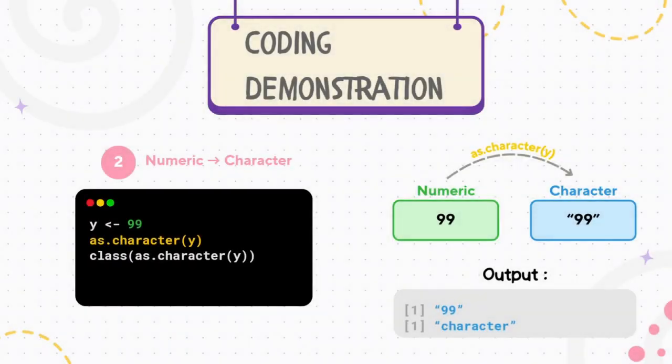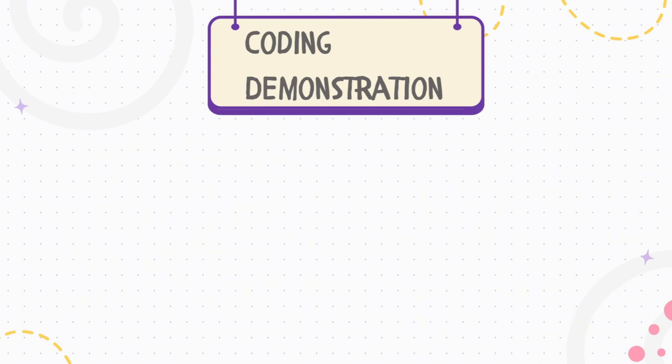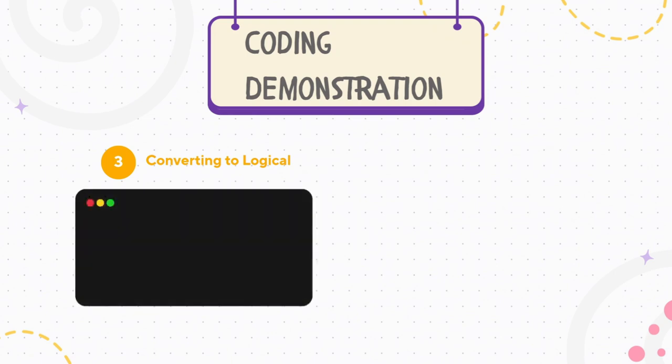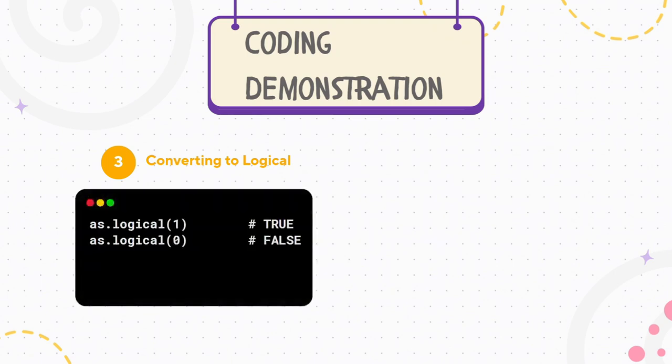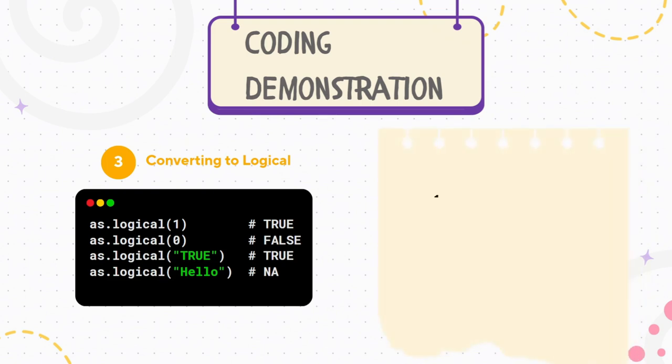And now finally, we arrive at our final conversion, that is converting into logical. And the function that we'll be using to convert values into logical data types is as.logical. Now as I said, logical conversion works a bit differently. Here, 1 always becomes TRUE. Next, 0 becomes FALSE.